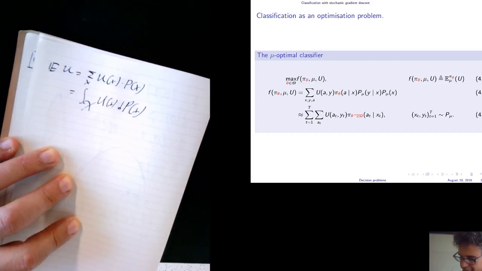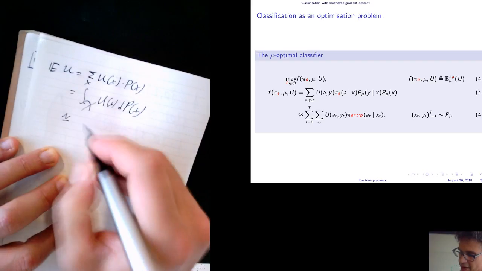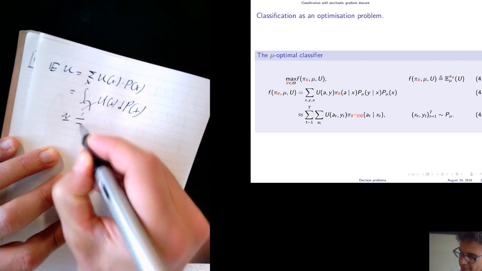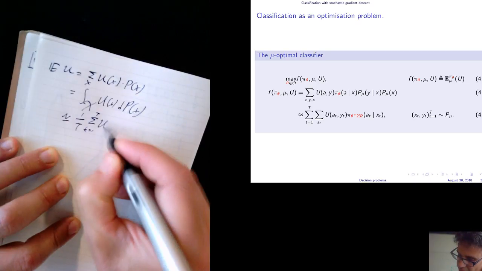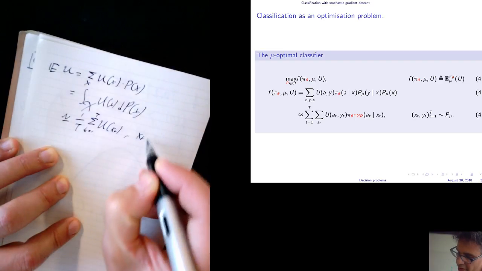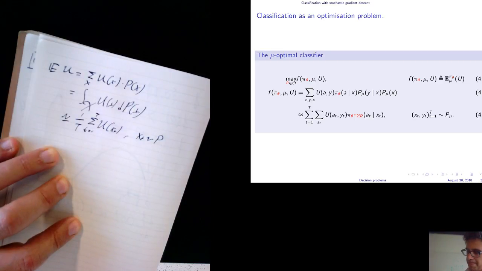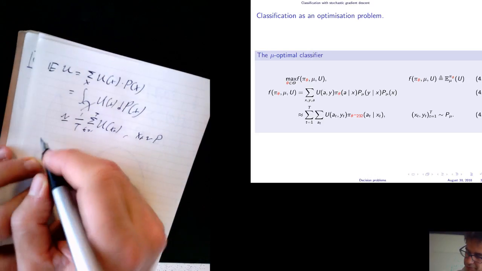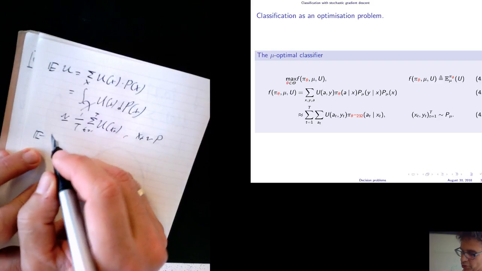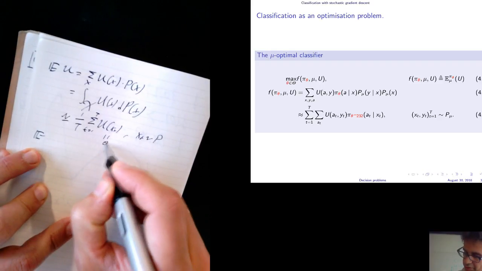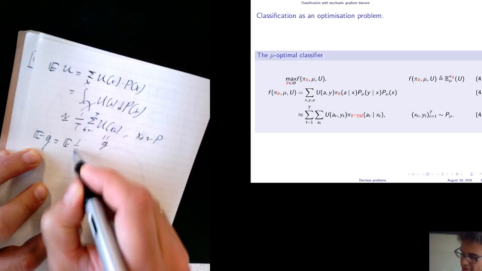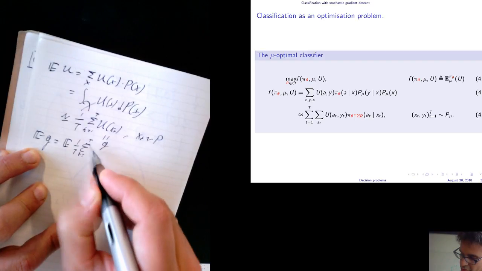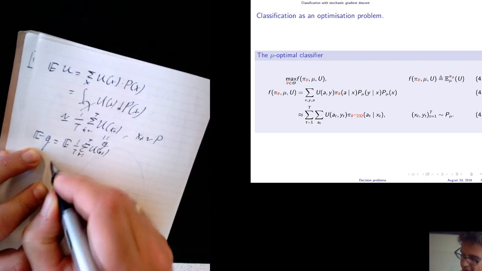Now, we can say that this is approximated by taking a finite number of samples, where x_t are coming from the distribution P. And it is approximate in the sense that if you take the expectation of this thing, let's call it G, then this is basically the expectation of 1 over T, the sum for t equals 1 to T, of U of x_t. And you can move this out.